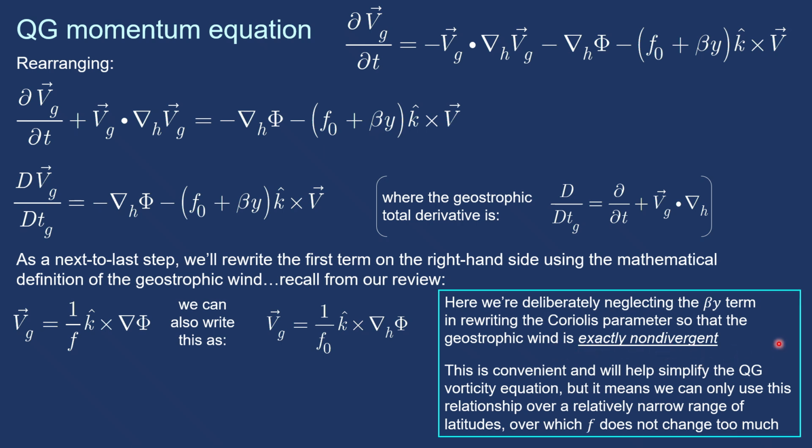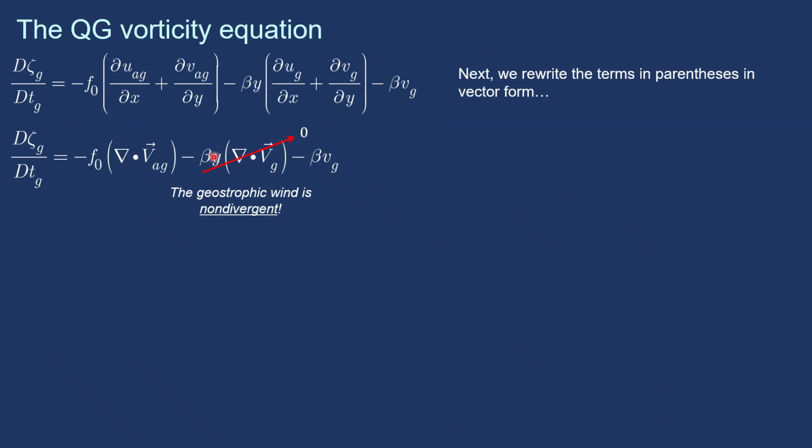Why did we do that? A big part of the reason was to help simplify the QG vorticity equation, which is exactly what we're working out now. And this is a great simplification step here, the ability to drop out that second term. And so that leaves us with just these two terms left over.